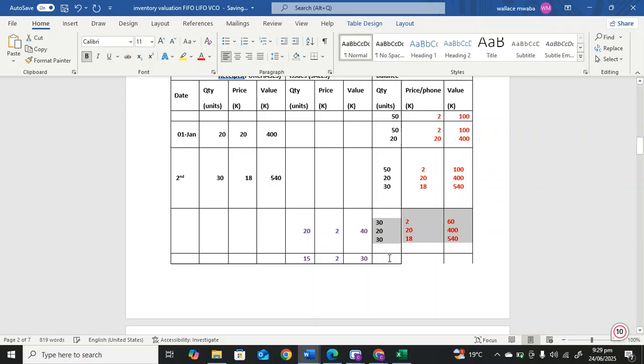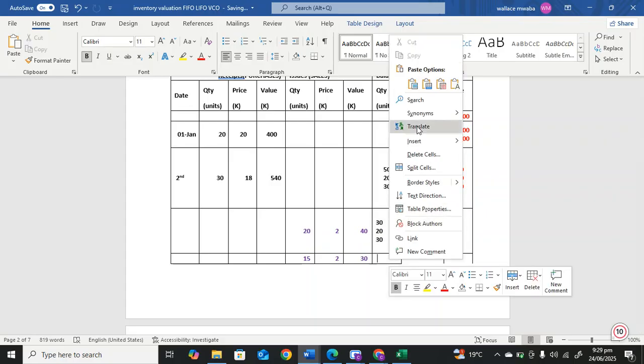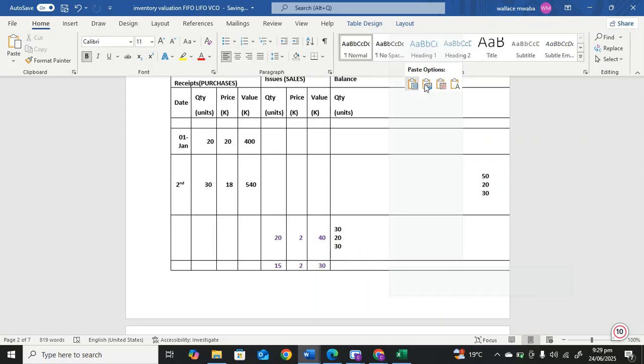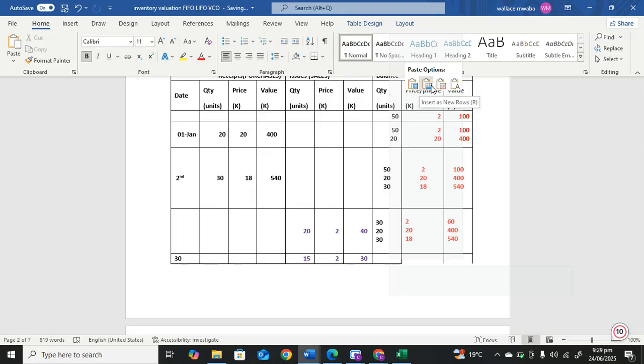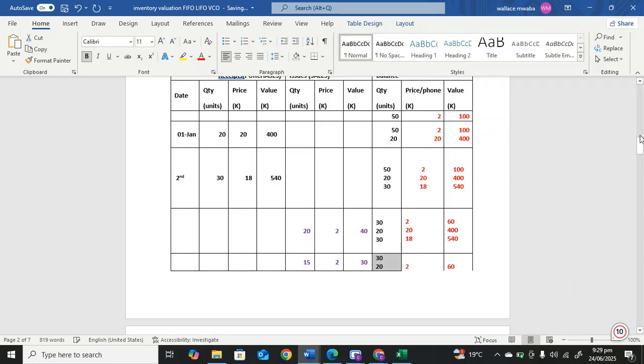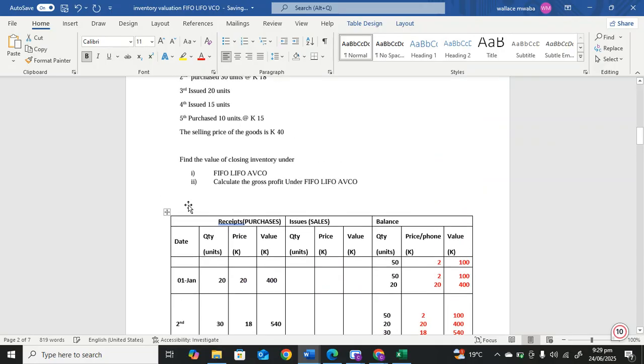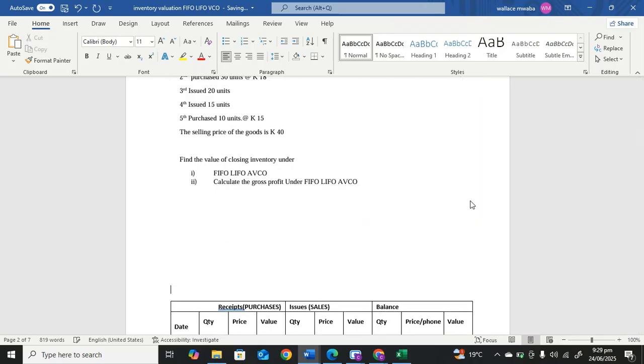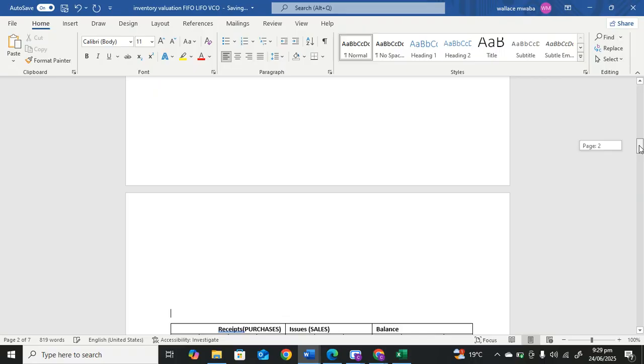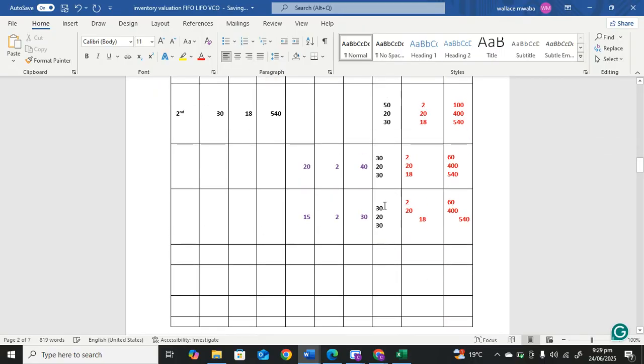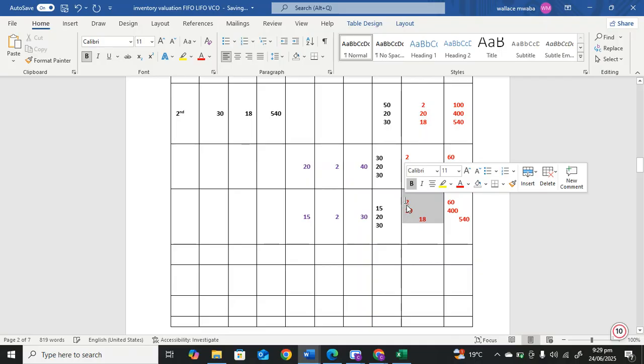So in our balance here, let me just bring the table down. In our balance here, we're going to have 30 minus 15, you have 15 units valued at 2 kwacha.